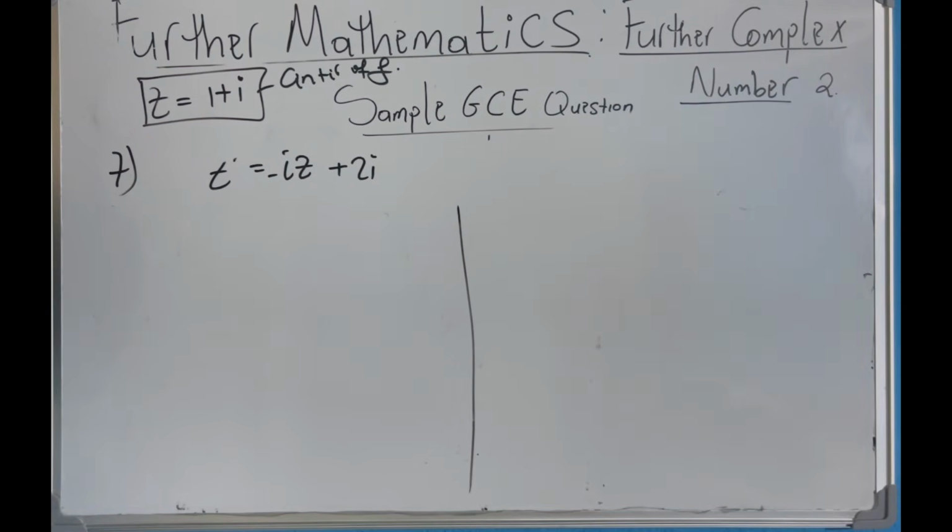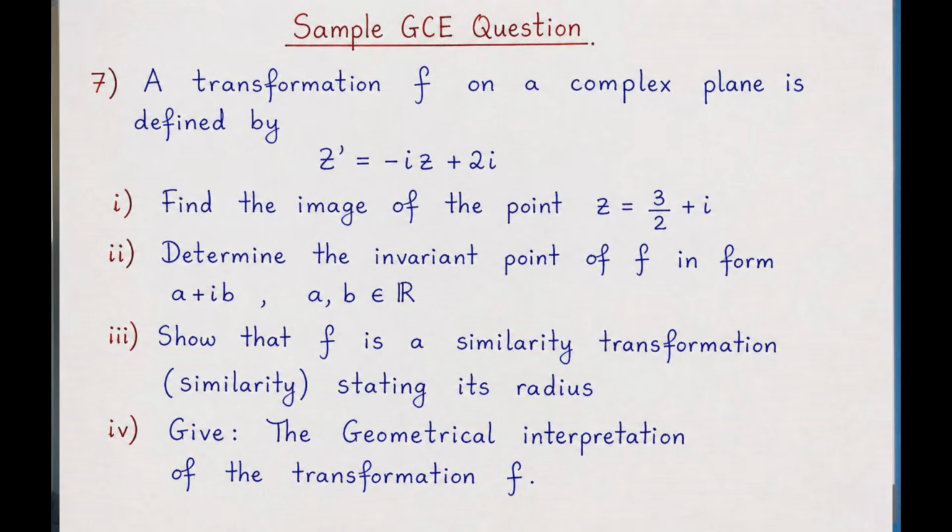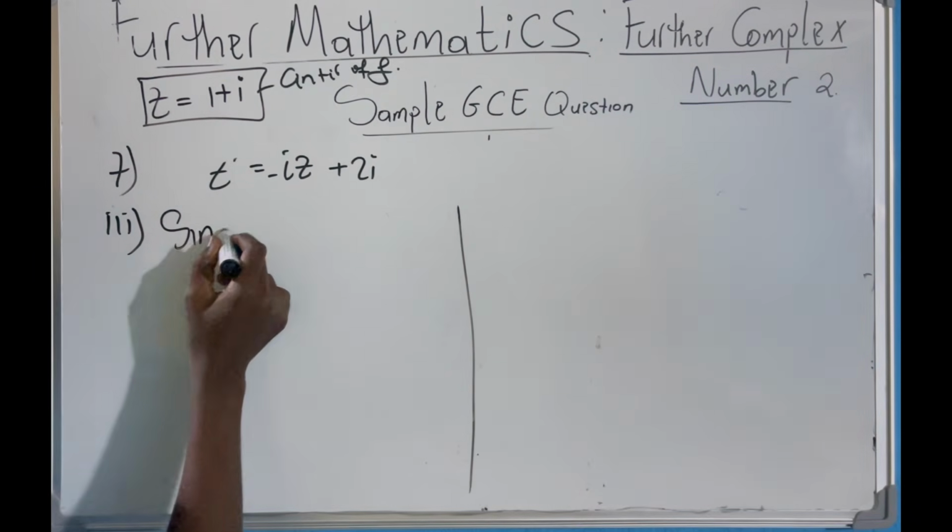Roman 3: show that f is a similarity transformation, stating its ratio. It is very easy.